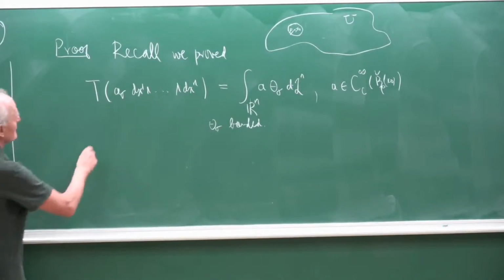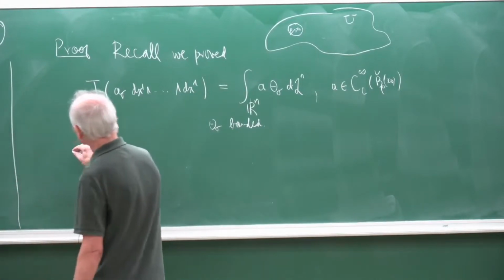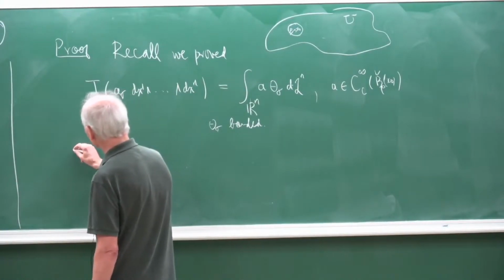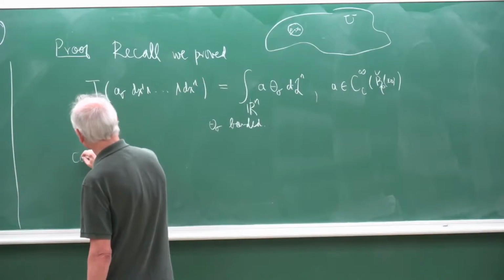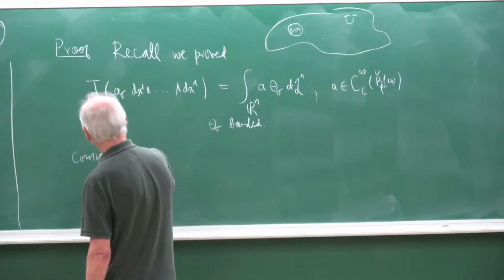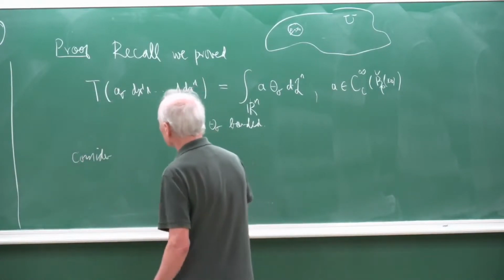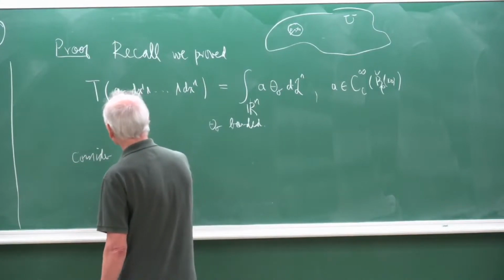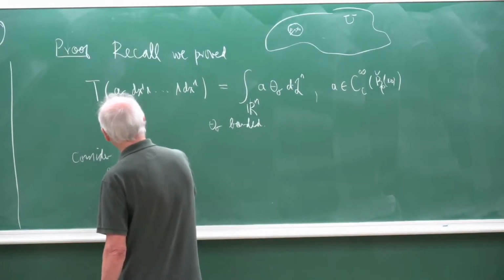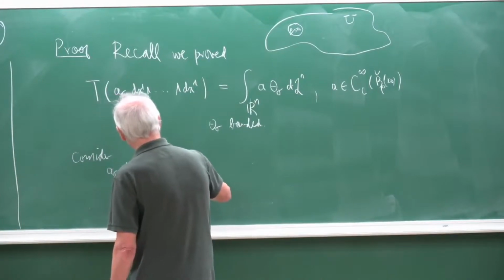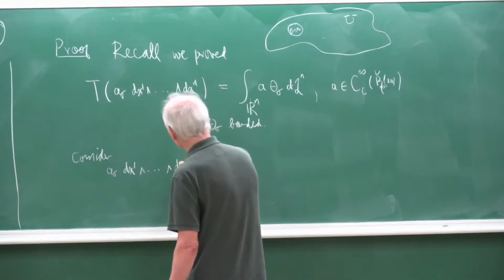So now we haven't yet used the fact that the boundary of T is 0. So consider the following n-1 form: A sigma times dx1 wedge, etc., leaving out dxj.